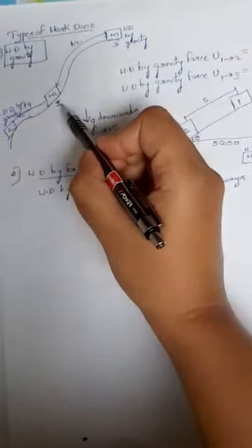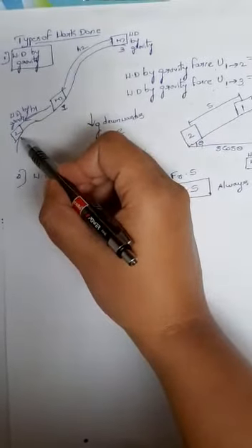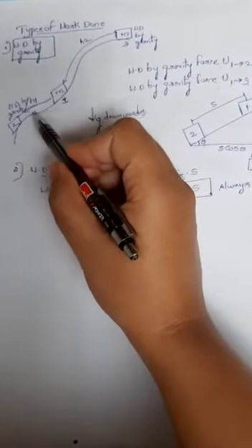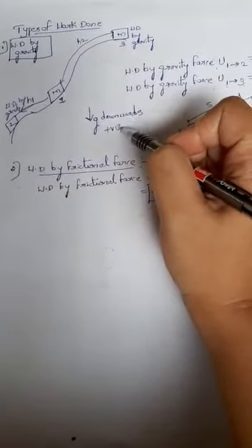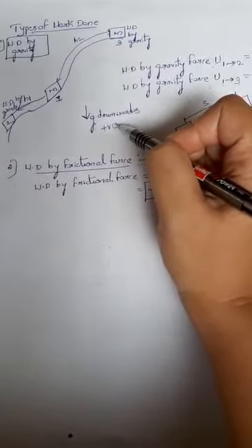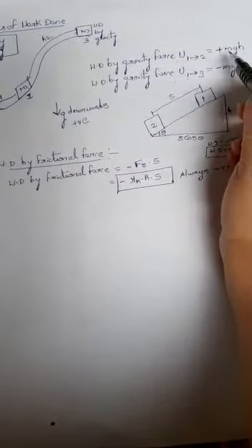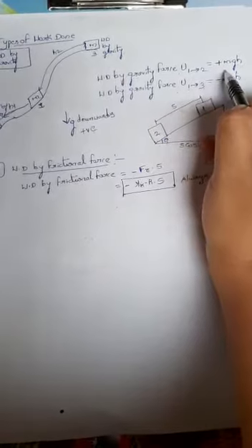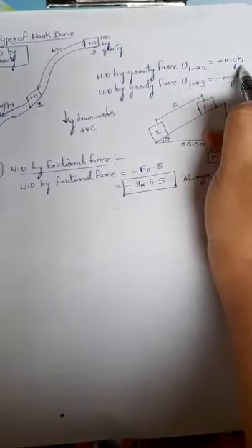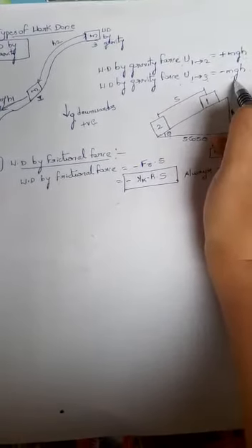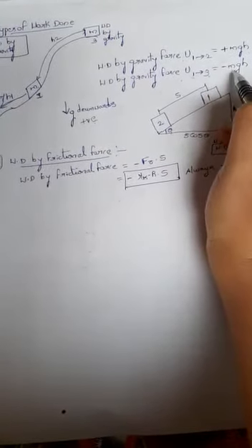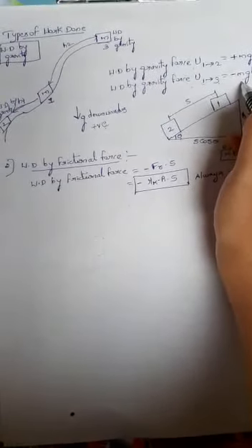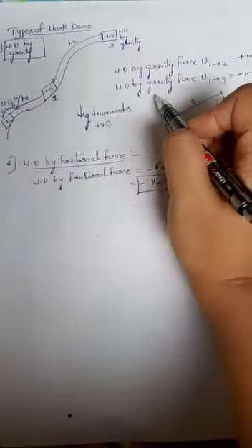Whereas if I move the block from position 1 to position 2, the block is moving downwards, towards the gravity. So towards the gravity, if the work is done, then we'll consider it as positive. Therefore, the work done from position 1 to 2 is plus mgh, and from 1 to 3 is minus mgh. Towards the gravity positive, against the gravity negative. So this is important to be remembered while calculations.